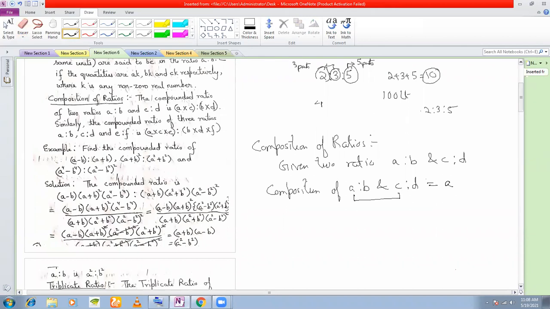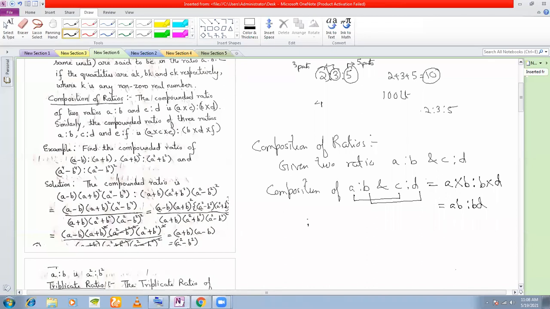So these are your antecedents, A and C. Multiply them together, and now you multiply the consequents together. So this is AC is to BD, the composition of these two ratios. Okay.